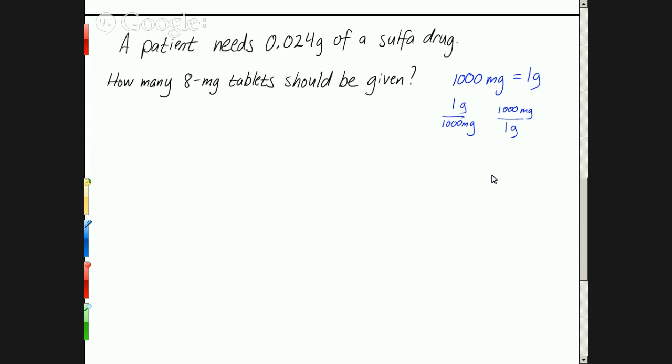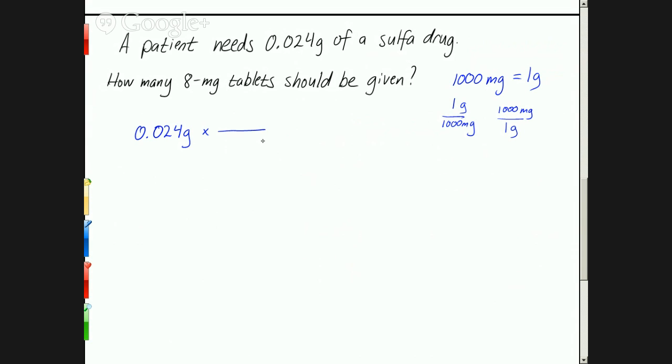The reason this is useful, though, is because the units are different. So let me show you what happens. We can take our number here, 0.024 grams, and what we want to do is multiply it by a factor that allows grams to be divided by grams and therefore cancels out and leaves milligrams.